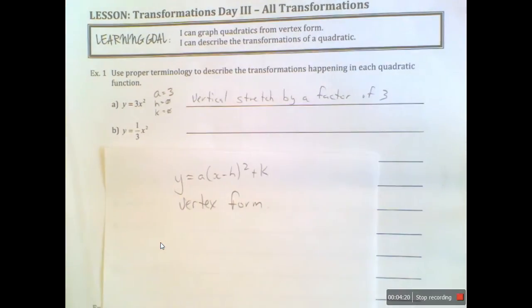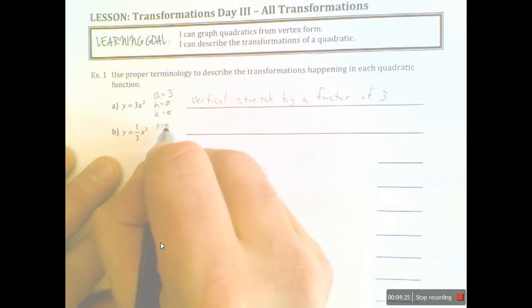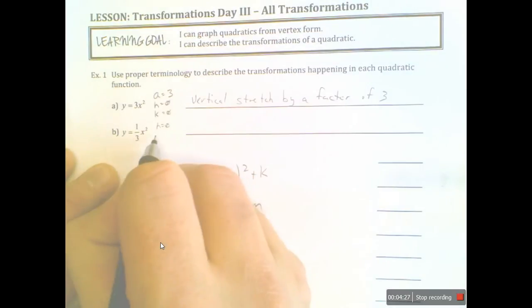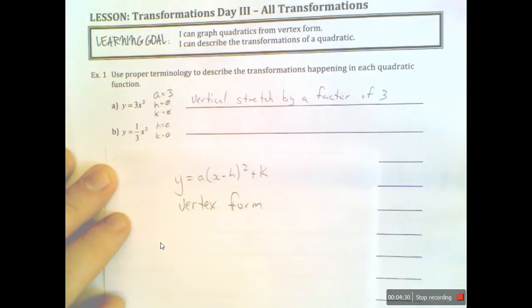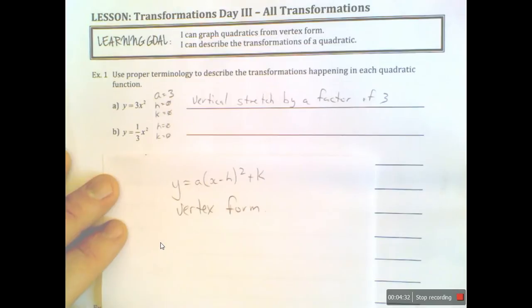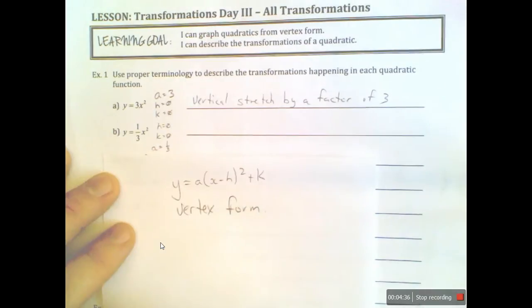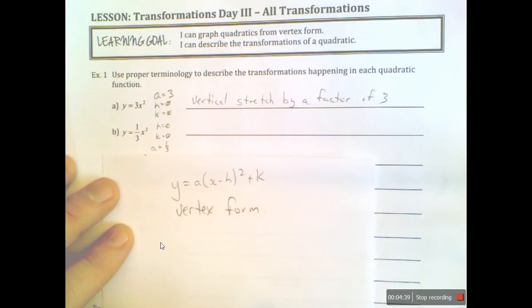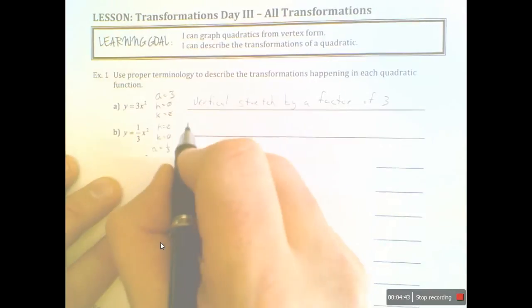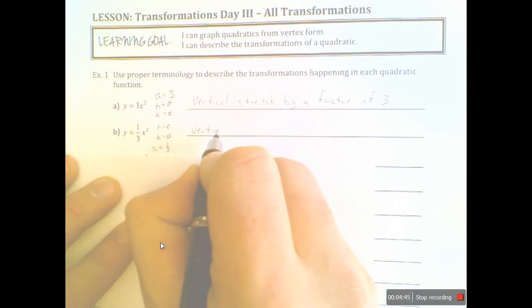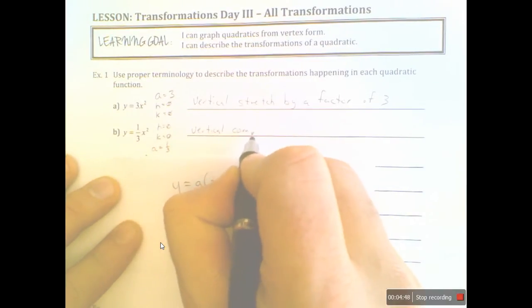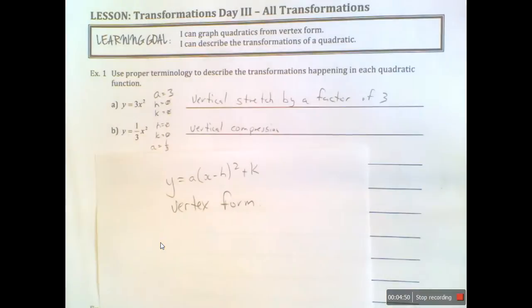Okay, next one. Again, this one has no horizontal shift, no vertical shift, but its a value is 1/3. So what does that mean? Alan? It compresses, yeah, very good. So it's a vertical compression by a factor of 3 or by a factor of 1/3.